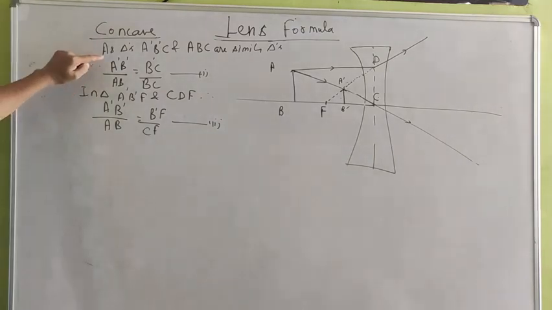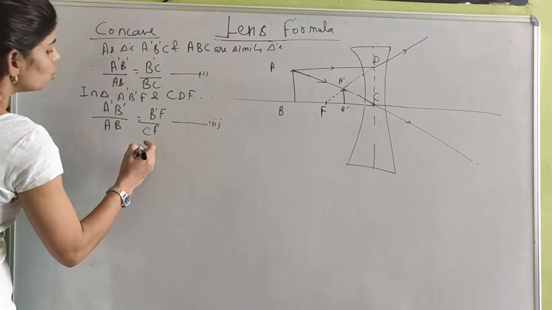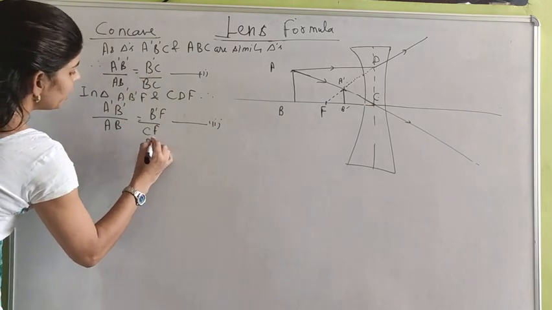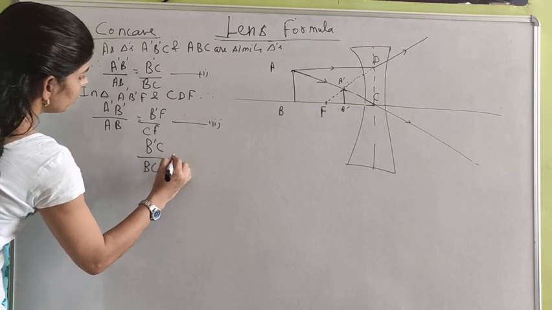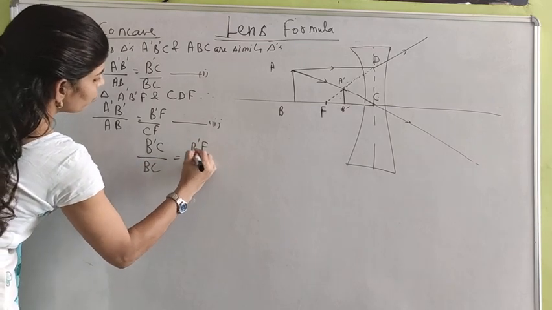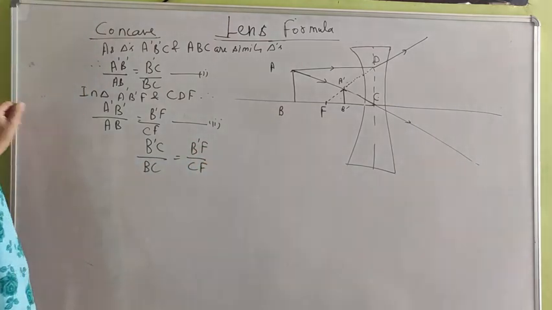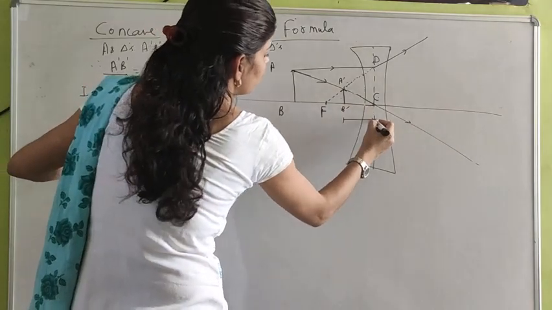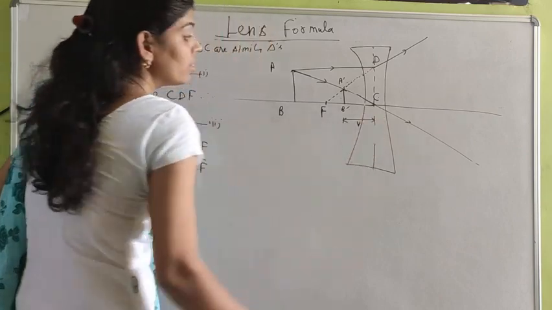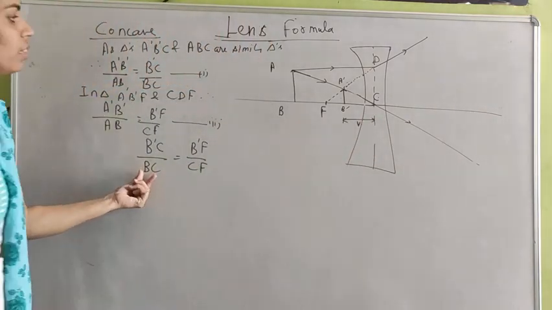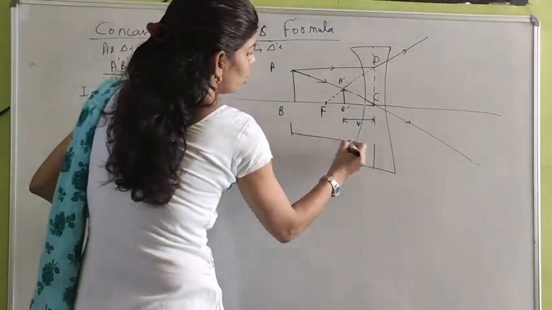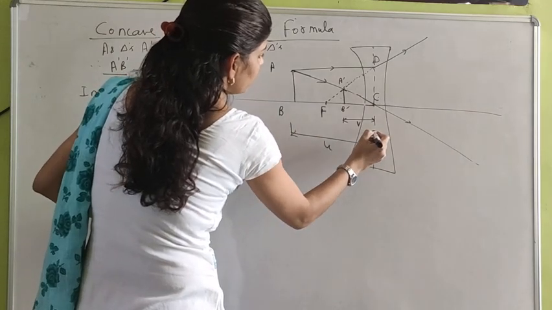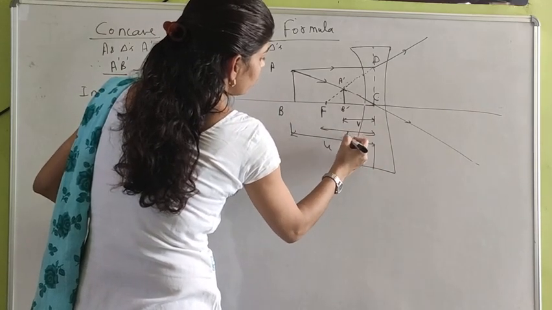See, from these two equations, left hand side is again equal, so we will equate the right hand side. On equating the two, we will get B dash C over BC is equal to B dash F over CF. And you can again see here B dash C is image distance, BC is object distance and CF is focal length.